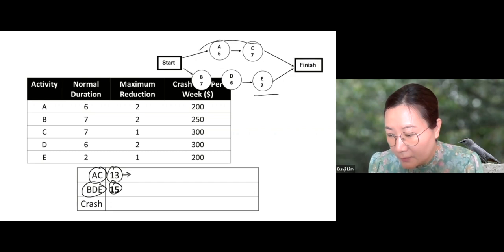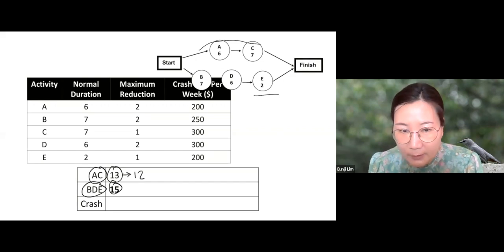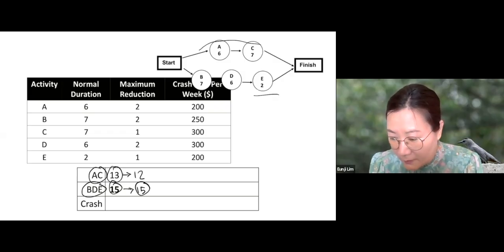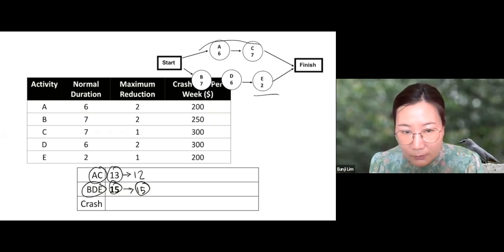Then the duration of this will become 12. And the duration of the second one will remain the same. And what's the duration of the entire project? The duration of the entire project is the duration of the longest path, which is 15. So the whole project is not reduced.